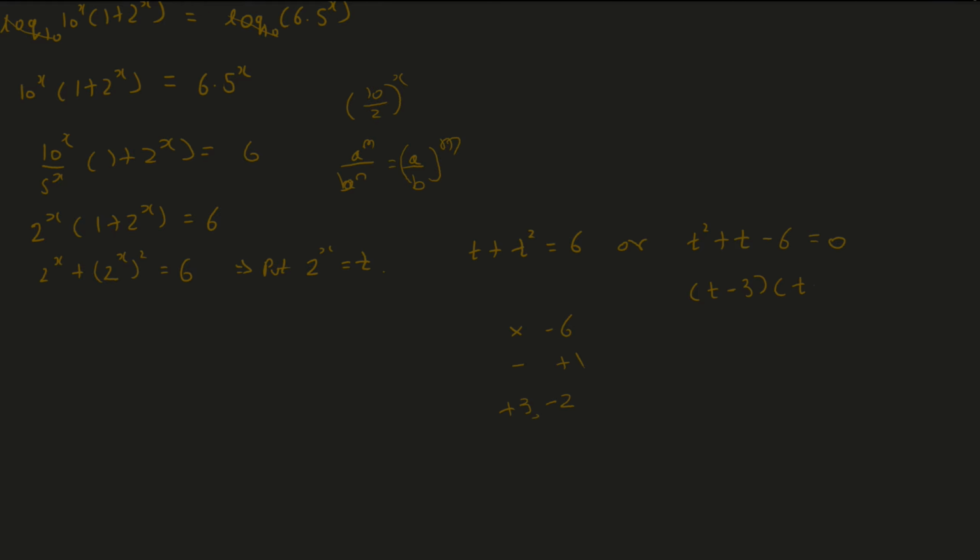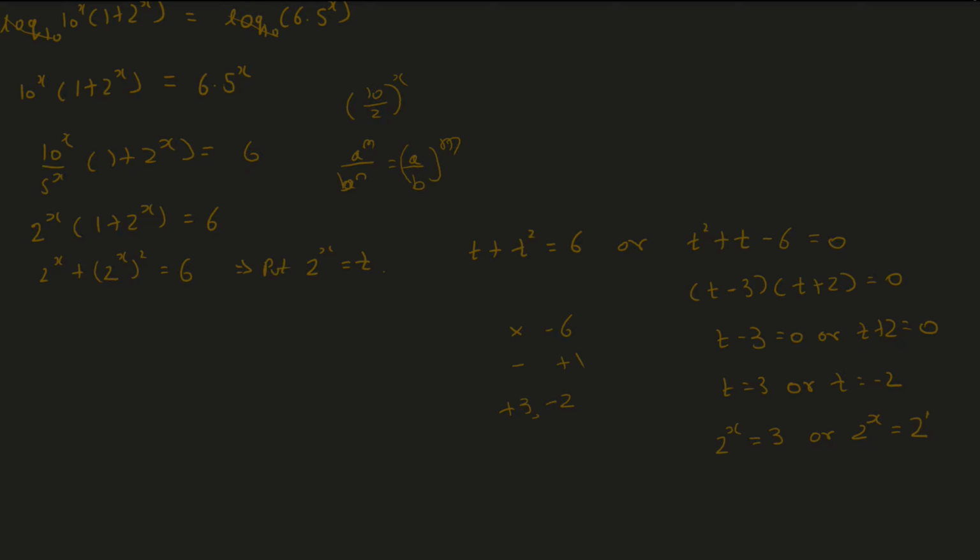So we can write this as (t minus 3) and (t minus minus 2), which is (t plus 2), is equal to 0. So t minus 3 equals 0 or t plus 2 equals 0. So we get t equals 3 or t equals minus 2. Now we know that t is just 2 raised to x. So we substitute it back and we get 2 raised to x is equal to 3 or 2 raised to x is equal to minus 2.